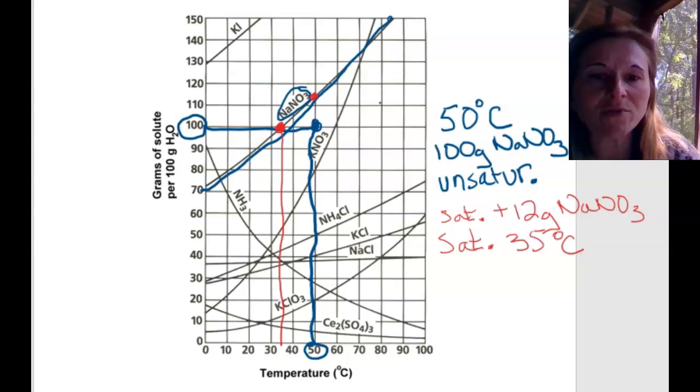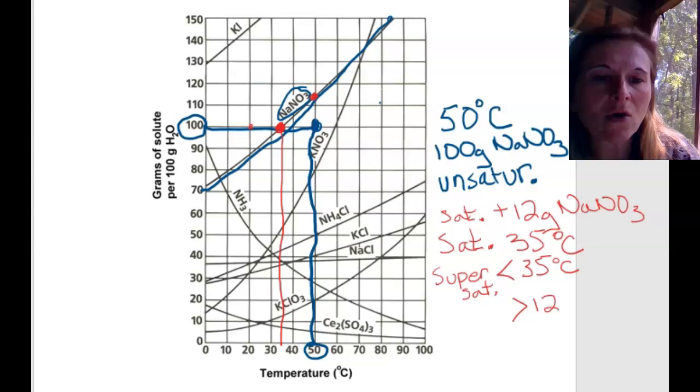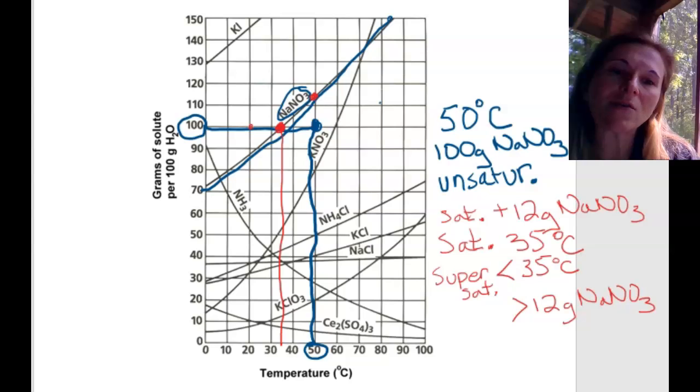Again, if we wanted to be supersaturated, we could cool it even further without changing the amount. Making it any colder than 35 degrees Celsius is going to make it supersaturated. And as we said before, for supersaturation we can also add anything over 12 grams of our solute. So there we go. That's how we use a solubility chart.